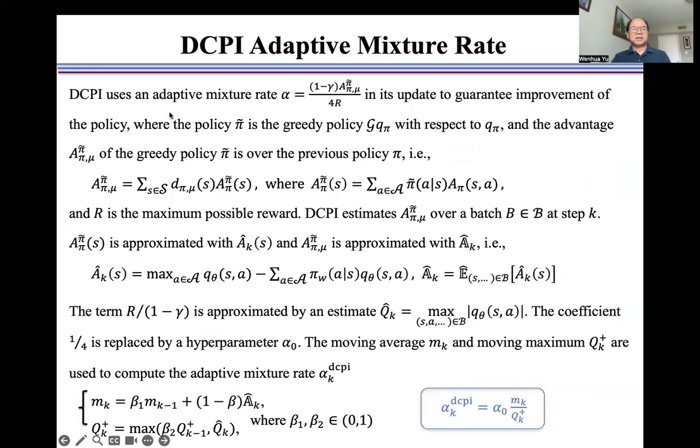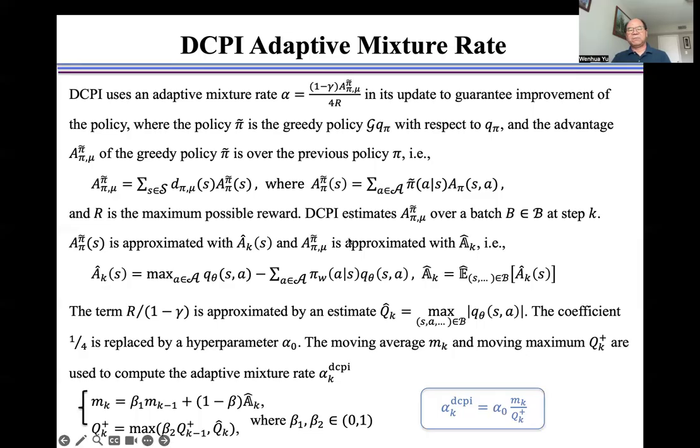DCPI uses an adaptive mixture rate alpha in its update to guarantee improvement of the policy, where the policy pi tilde is a greedy policy with respect to Q pi. And the advantage A pi mu pi tilde of the greedy policy pi tilde over the previous policy pi is shown here, and R is the maximum possible reward.